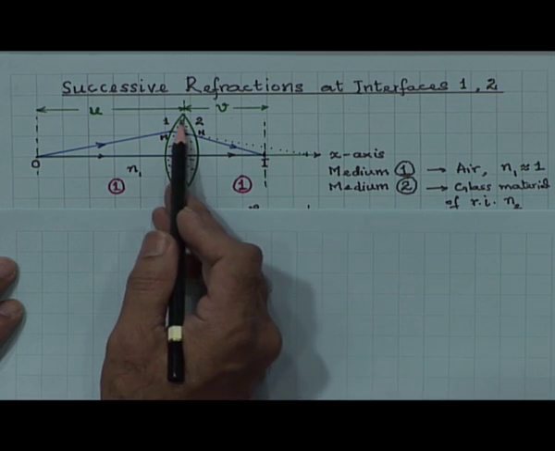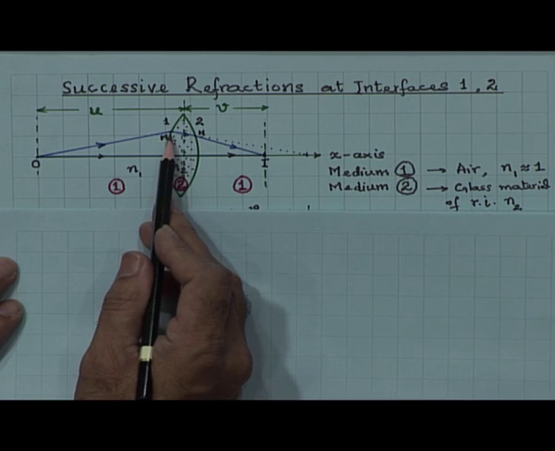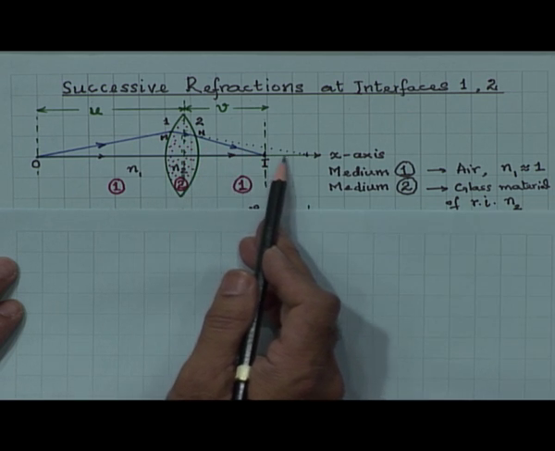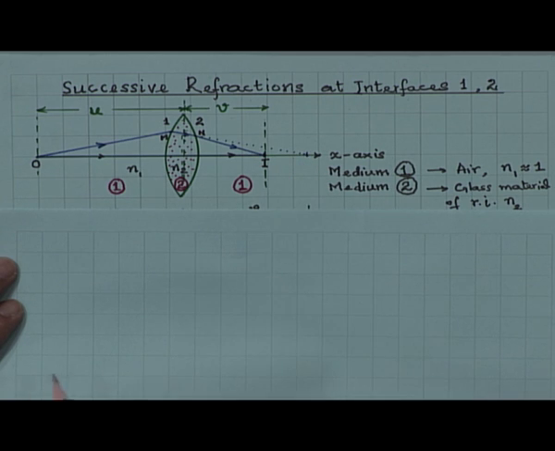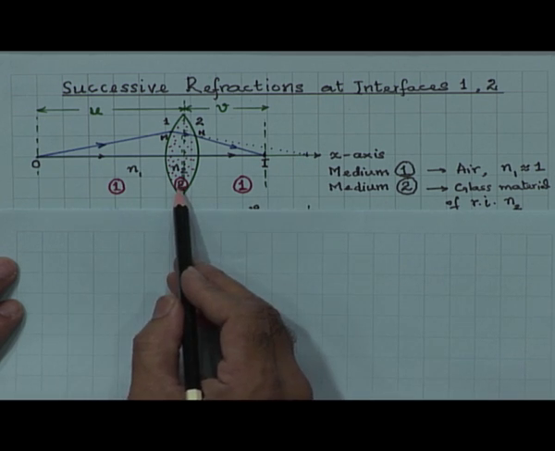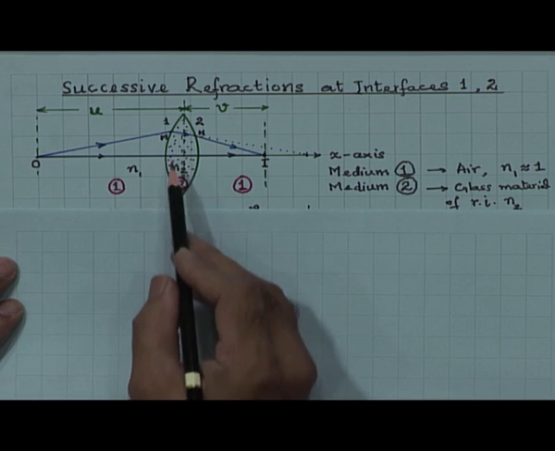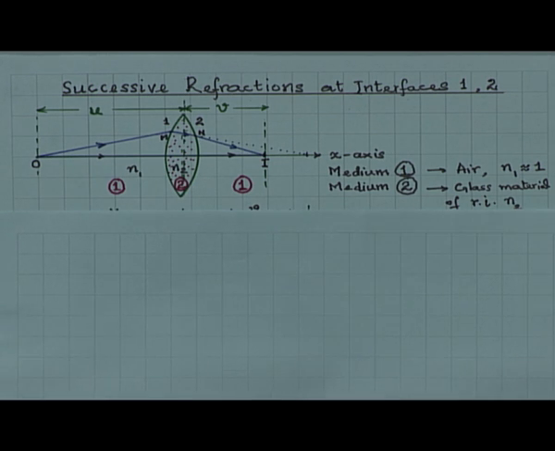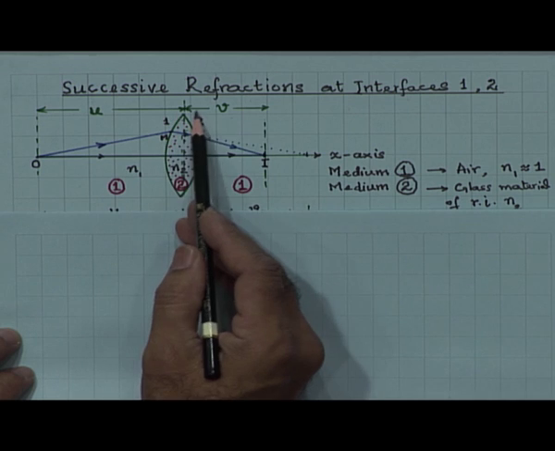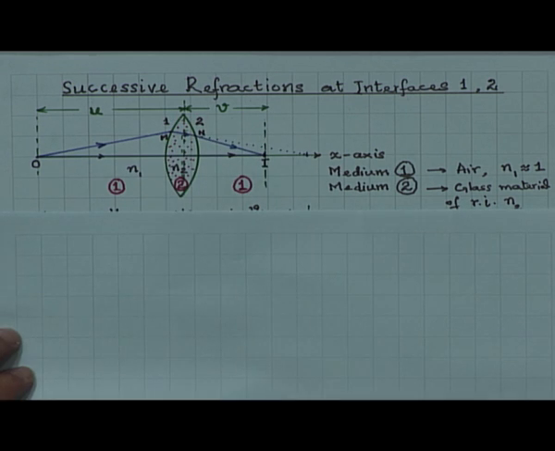If the second surface was not there, the refracted ray would have travelled somewhere here, and this is medium 1, medium 2 and medium 1. I have considered n2 greater than n1, and this is the object distance and this is the image distance with the appropriate sign conventions.